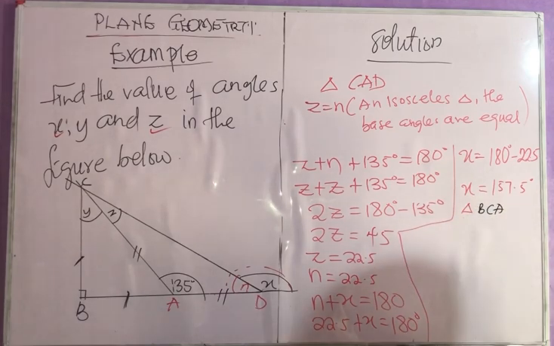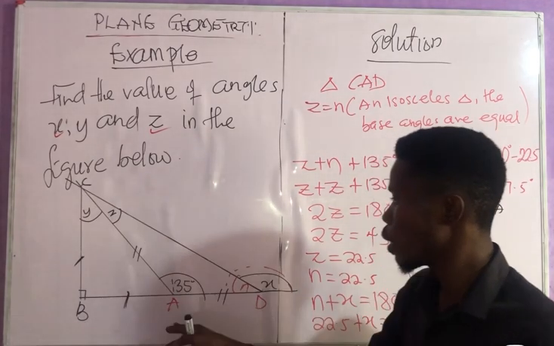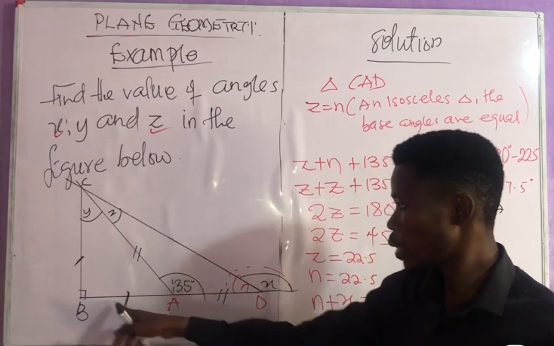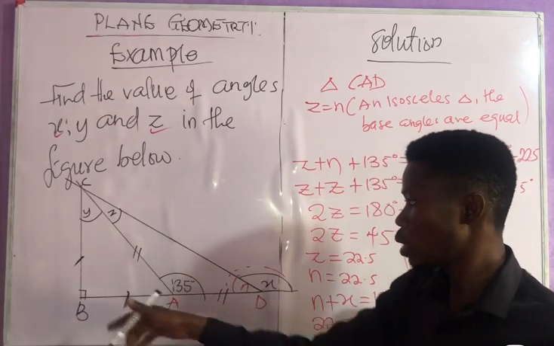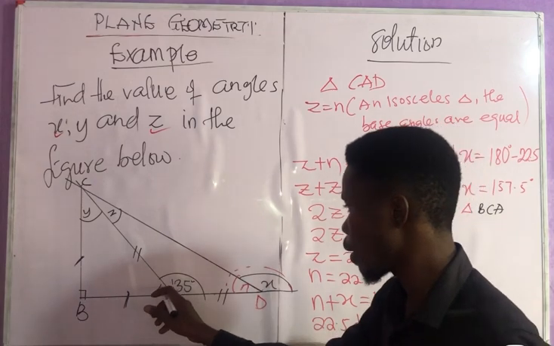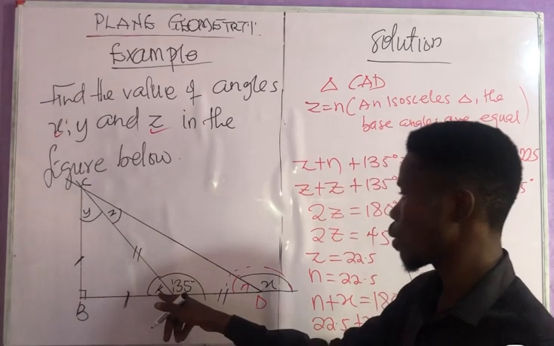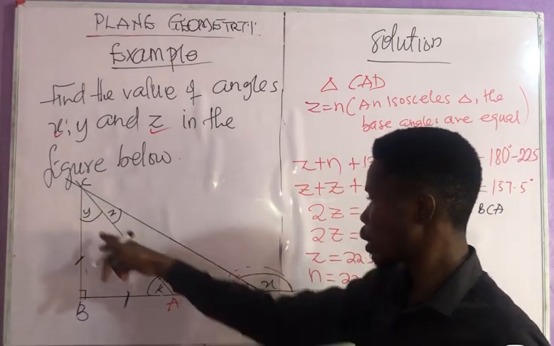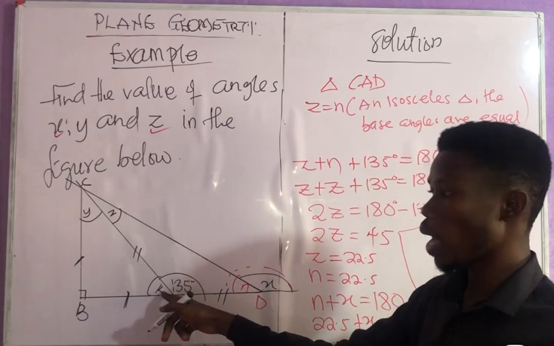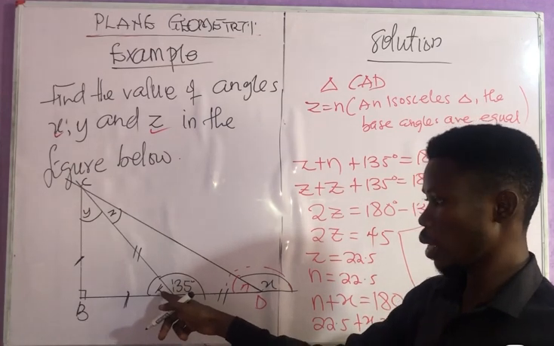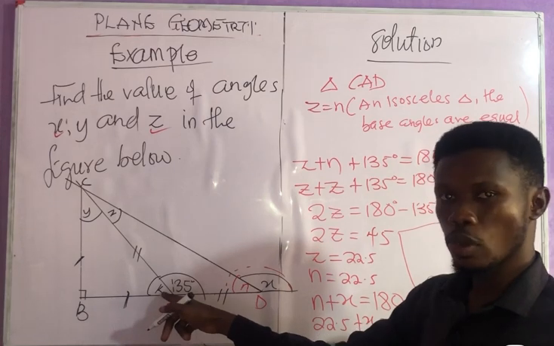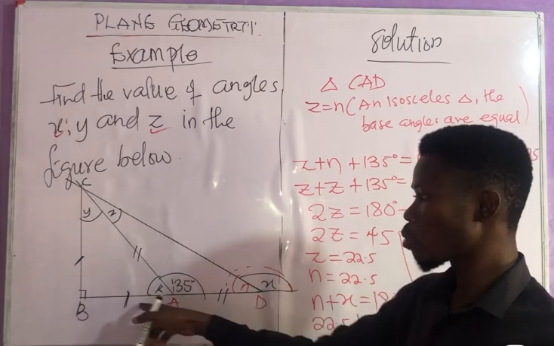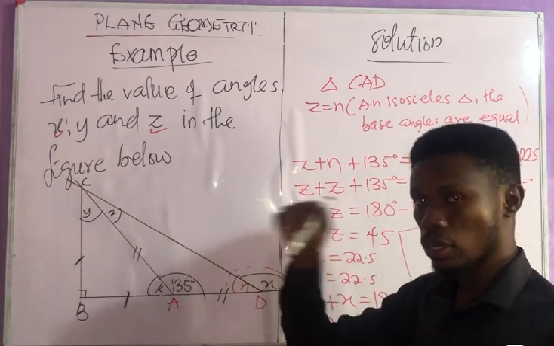And there's another mark telling you that this triangle too is an isosceles triangle. If I represent this angle by K, it means that this and that are the same. Can you see that? Y and K are the same because for an isosceles triangle, the base angles are equal.